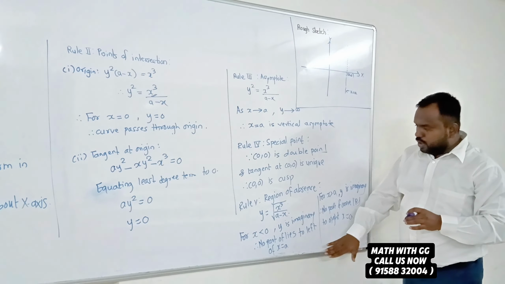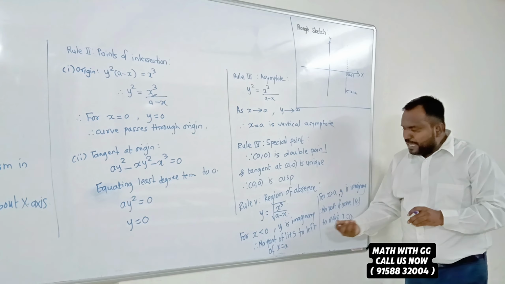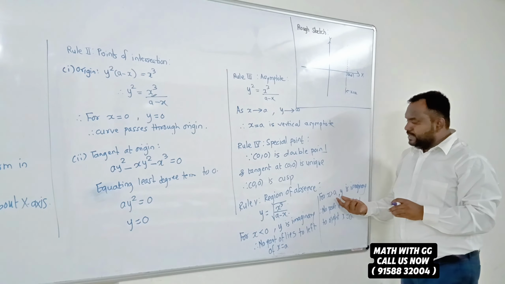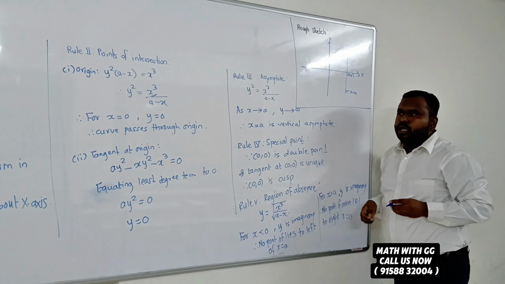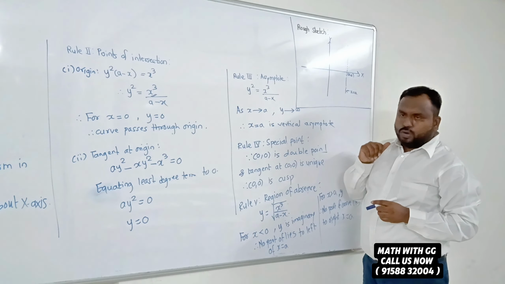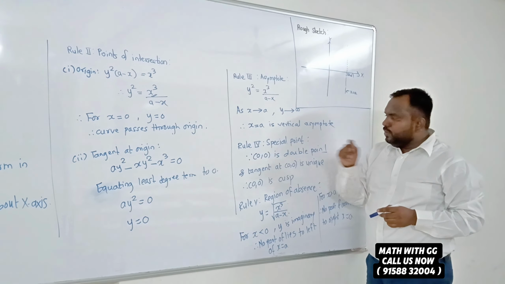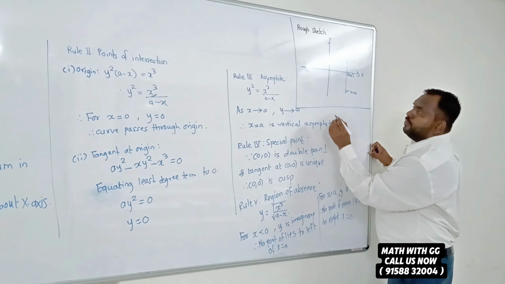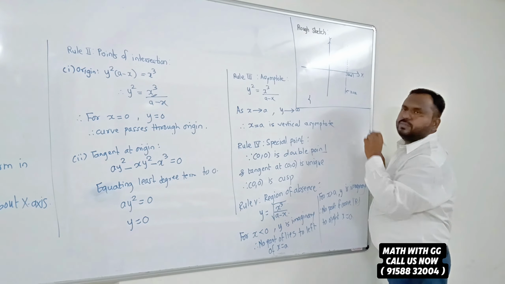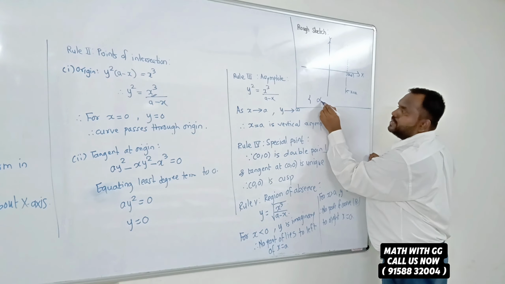Now coming to rule number 5. The curve remains absent for x less than 0 and x greater than a. So the curve will be drawn only in this region. Coming to rule number 4, if you observe, (0, 0) is a double point, that is a cusp. Hence, the nature of the cusp is like this, and the nature of the node is like this.